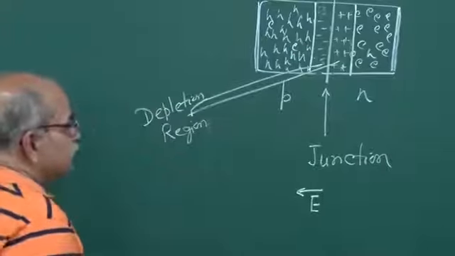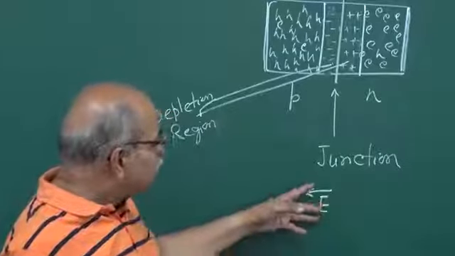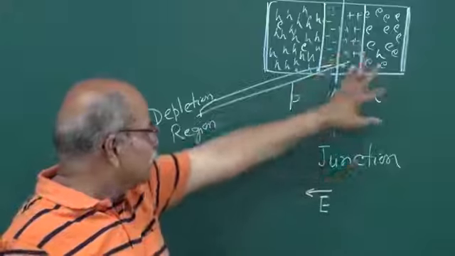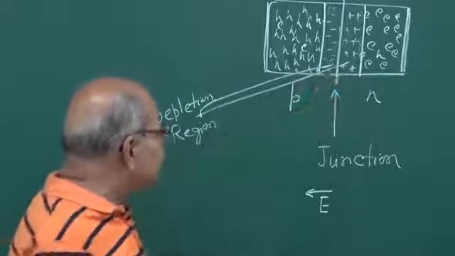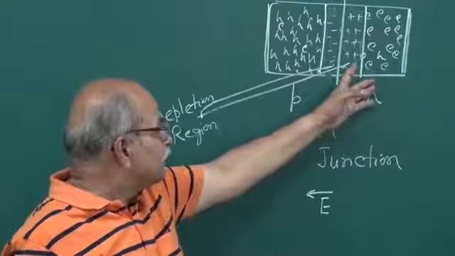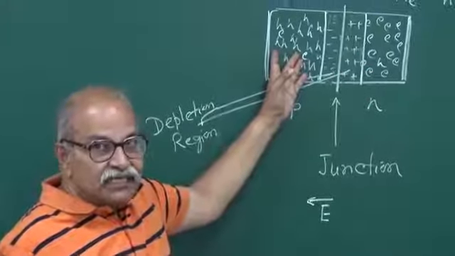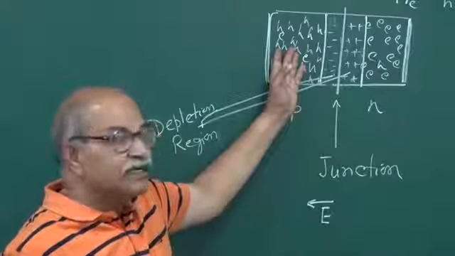Then we said that once you have an electric field, you will have some potential variation also. In this case the potential is decreasing from right to left. So this will be at a higher potential and this will be at a lower potential. There will be a potential difference between this N side and this P side.